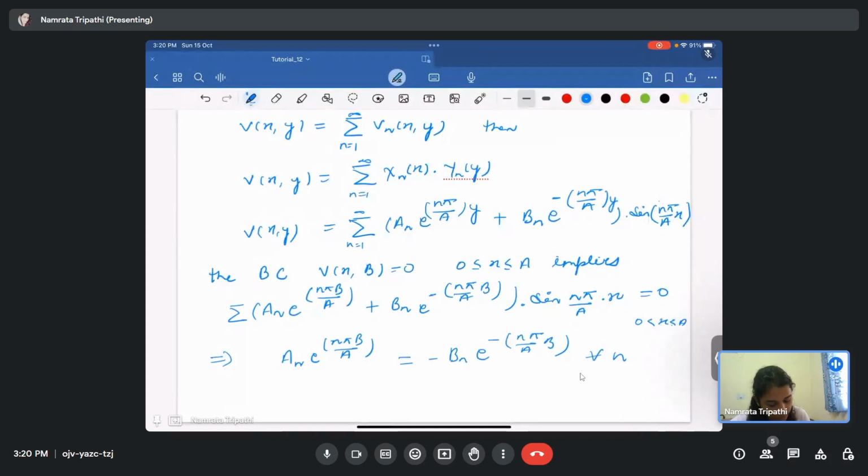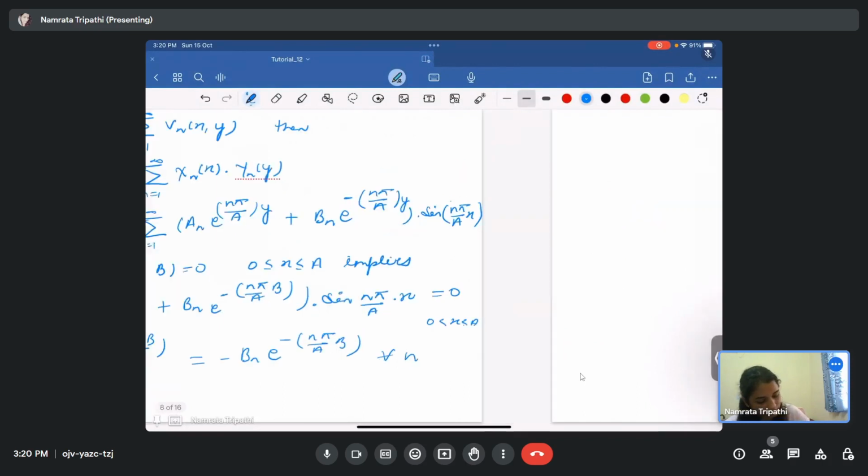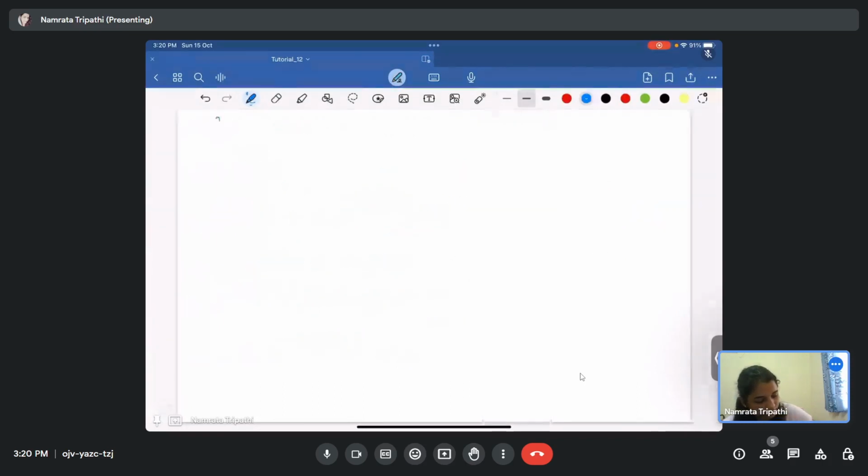Similarly, we can apply another boundary condition, v(x,0) is 0, where x is from 0 to a.